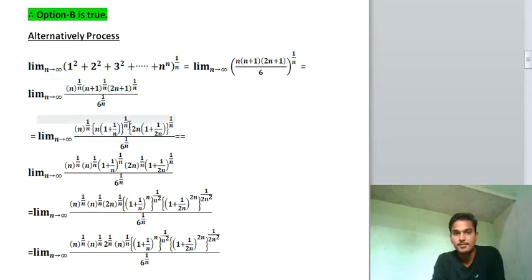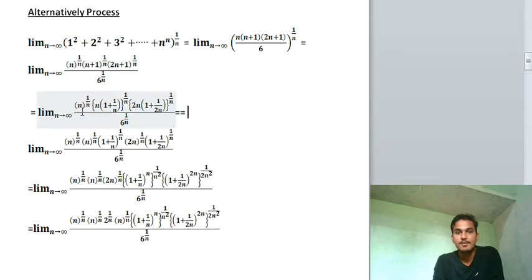Similarly this is 2n plus 1, we will bring 2n common from 2n plus 1. So when we bring 2n common, we get 2n into (1 plus 1 by 2n), whole to the power 1 by n, divided by 6 to the power 1 by n.